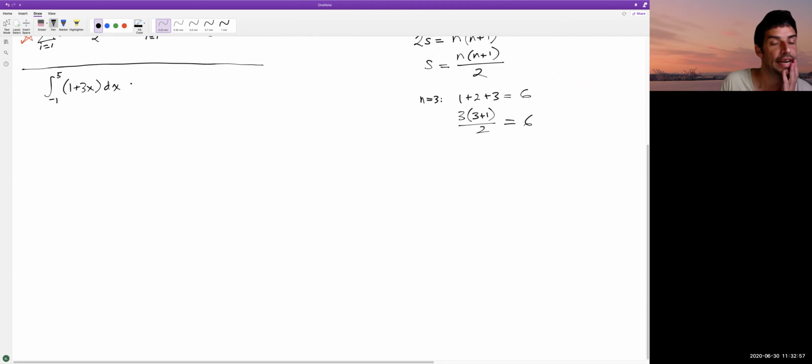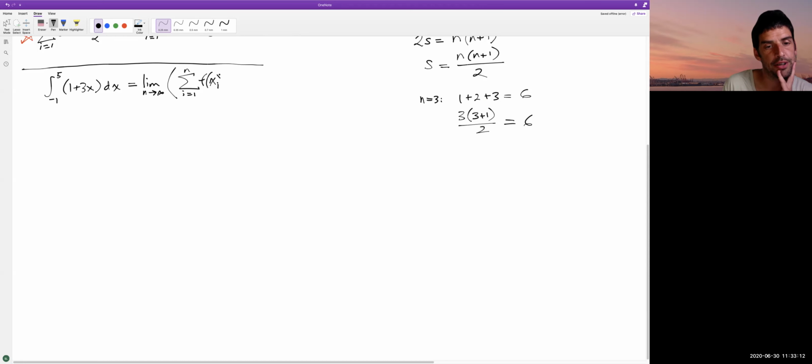Now, first, my definition. The limit as n goes to infinity of the sum, let's put parentheses in, make it prettier, i equals 1 to n of f of x sub i star times delta x. Okay. So let's remember what all of these pieces are.